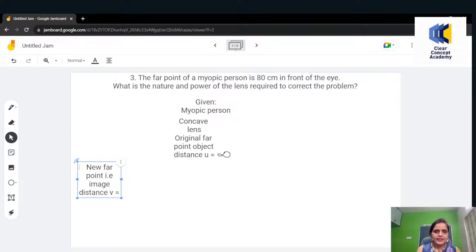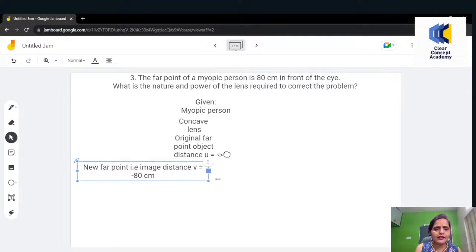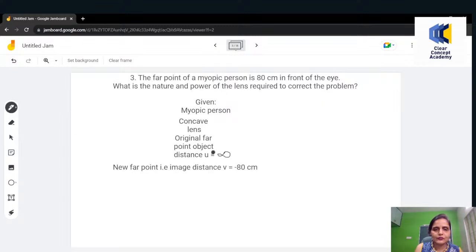In case of a concave lens, the image is formed in front of the lens, to the left of the lens, therefore the image distance is also negative. This is a very important point to be noted. So here it is minus 80 centimeter. I missed giving the sign, so it is minus.